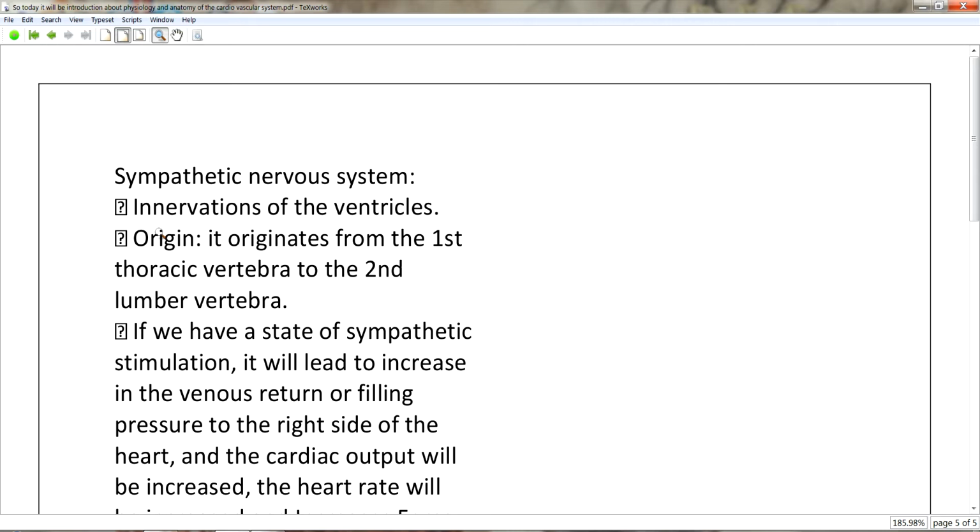The origin is the first thoracic vertebra to the second lumbar vertebra.